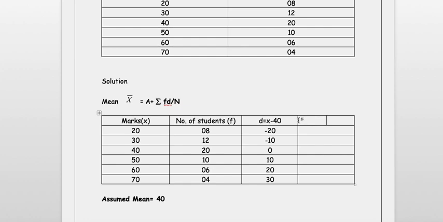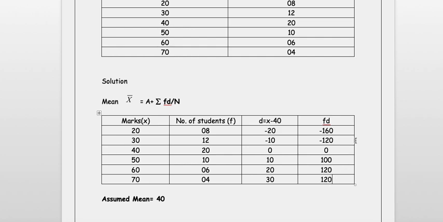Then we will also have to calculate summation fd. d we have calculated here, f is here, so we will calculate fd, and we will get minus 160, minus 120, 0, 100, 120, 120.